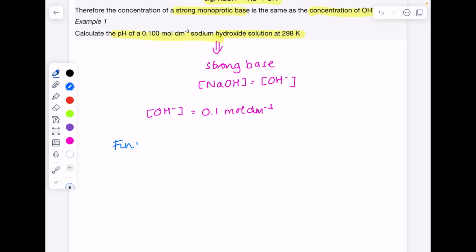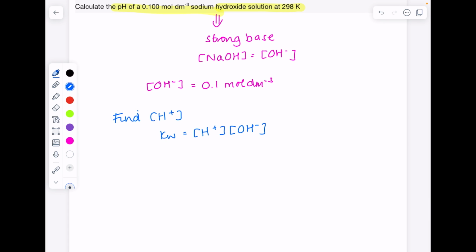Let's now find the concentration of H+ ions because after all we need that to feed into the pH equation. So the way we do that is by writing Kw equals, we said that we need to learn the value of Kw at 298 Kelvin. Remember I said it's always 1.0 times 10 to the minus 14. The concentration of hydroxide ions we know is 0.1.